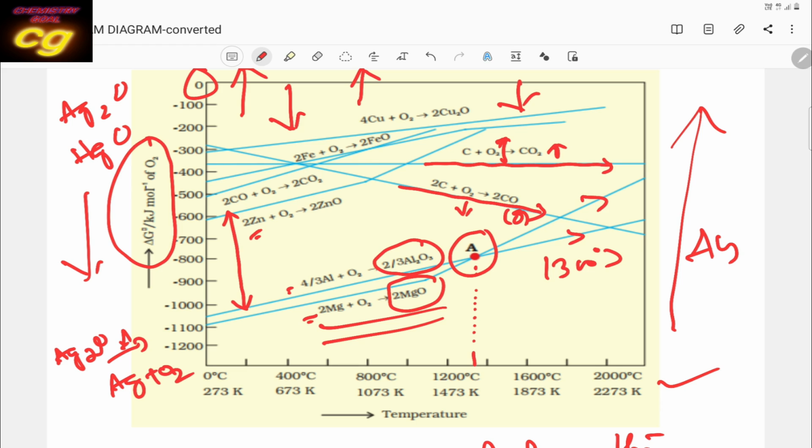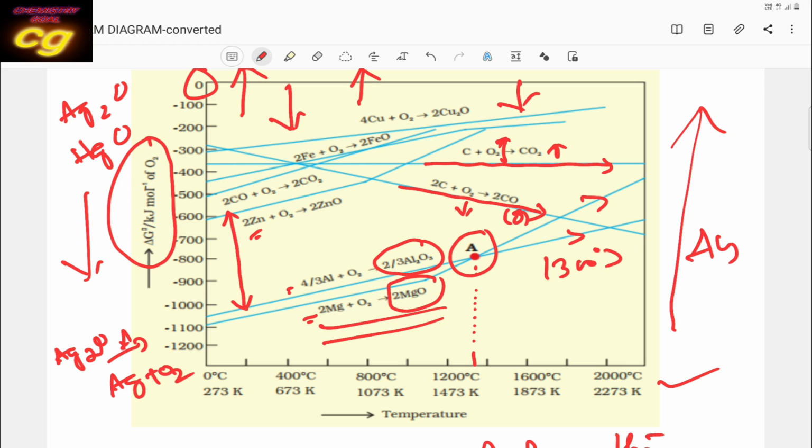This graph shows at what temperature which element can reduce which oxides. At point A, both can reduce each other, but below A magnesium can reduce, and above A, at higher temperature, aluminum can reduce magnesium oxide.